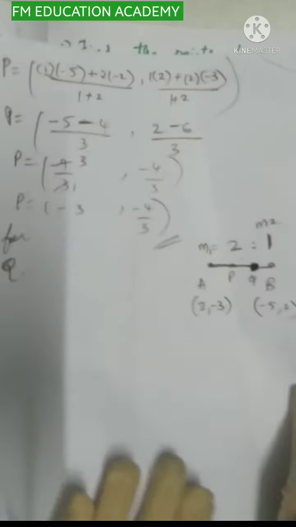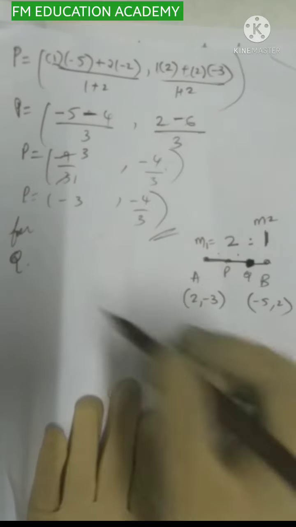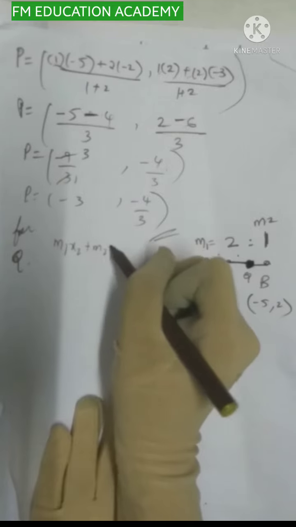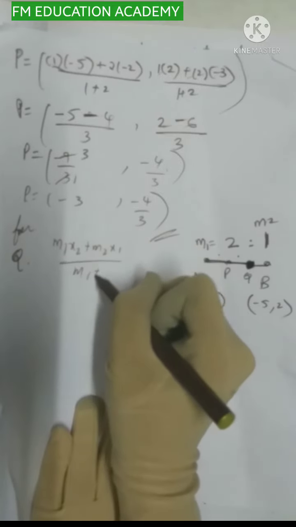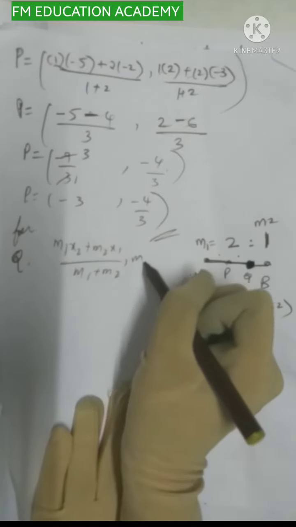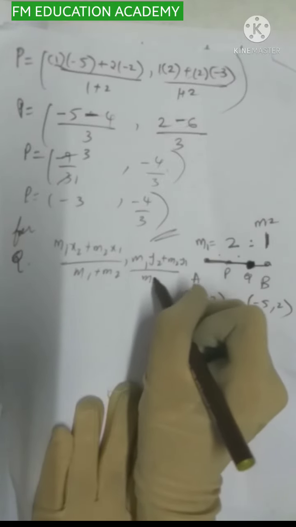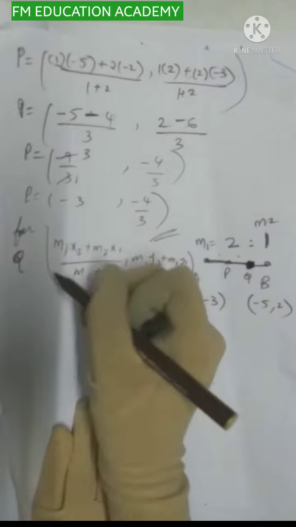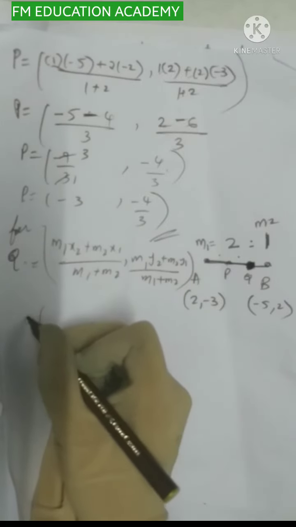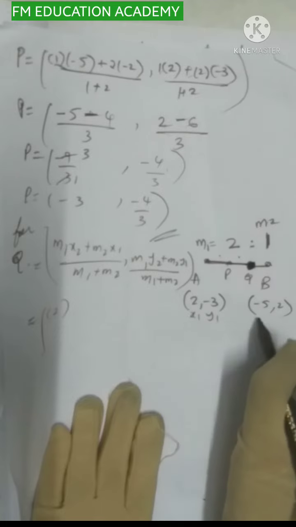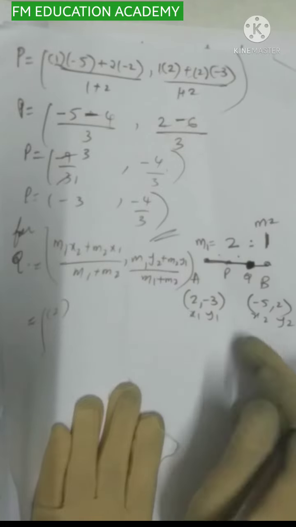As formula we have to use m1x2 plus m2x1 by m1 plus m2, comma m1y2 plus m2y1 by m1 plus m2. Substitute. What is m1 here? 2 into, this is x1 y1, x2 y2. What is x2?